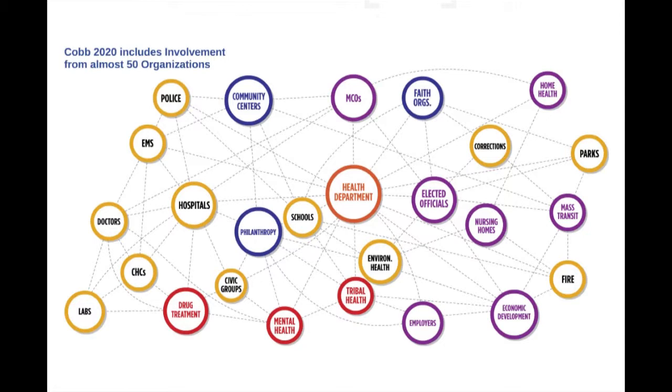So I encourage you to also use this egg diagram as you are creating your steering teams and your implementation teams so that you make sure not to forget anybody, because everyone has a key role.